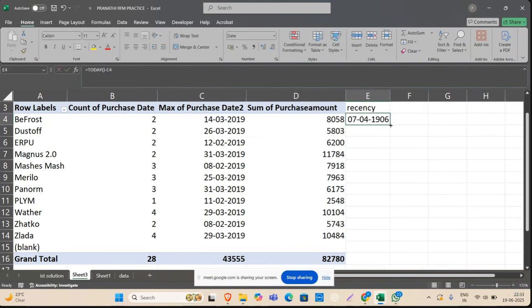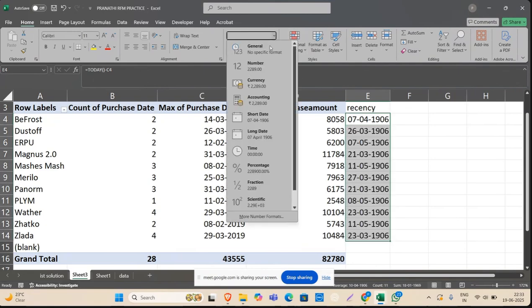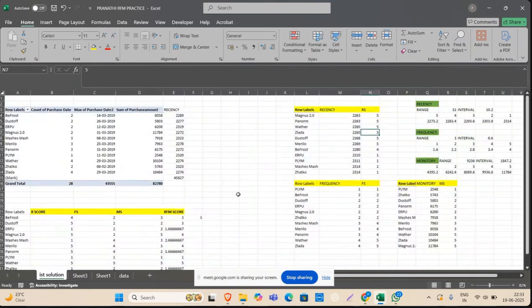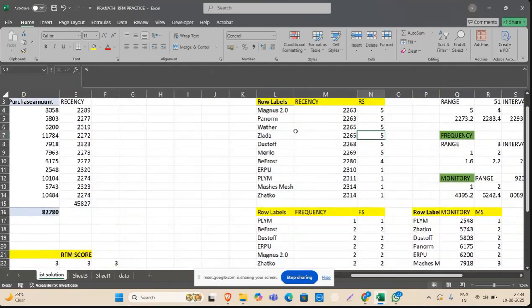I will drag this, and I want it in general number format. So this is my recency. Then I select this recency and row labels, and this is sorted.